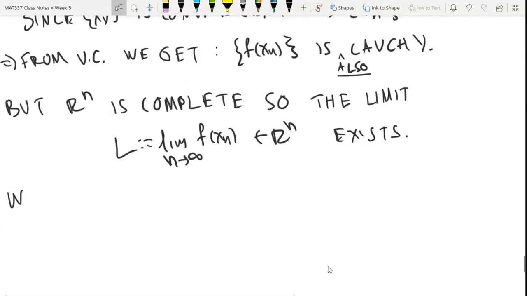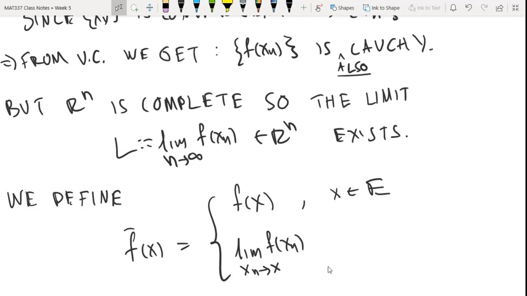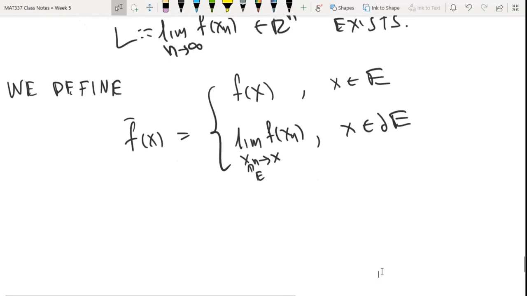So now we define f bar of x to be f of x if x is in E, and then to be the limit of f of x_n when x is on the boundary of E. So that's what we did.